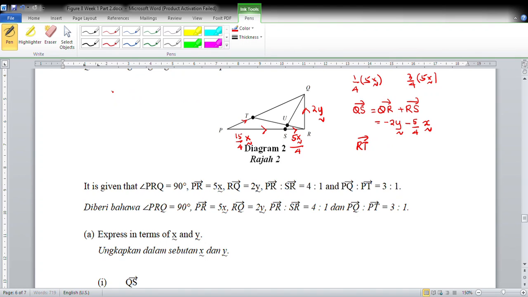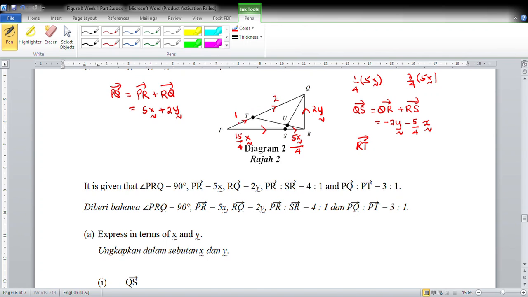So how do I find PQ? PQ will be PR plus RQ. Your PR was 5x and RQ is 2y. And this is one part. Earlier we already labeled, and this is two parts.